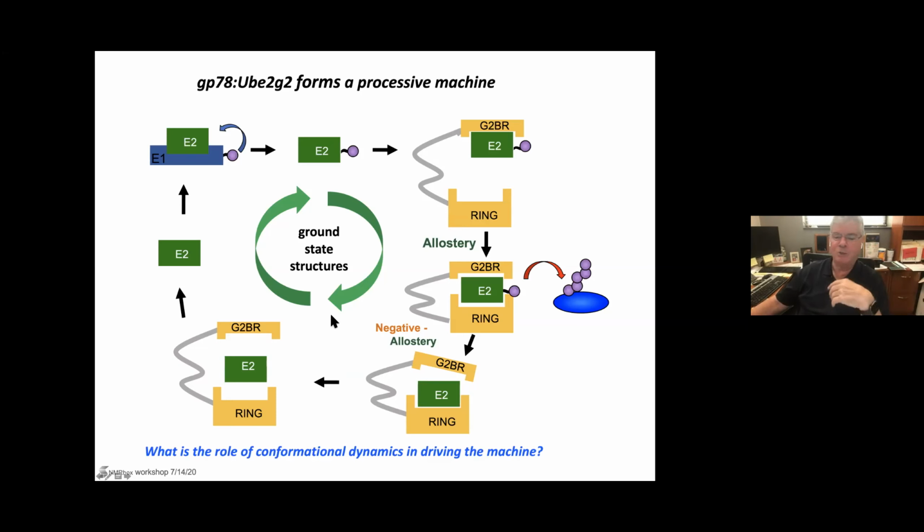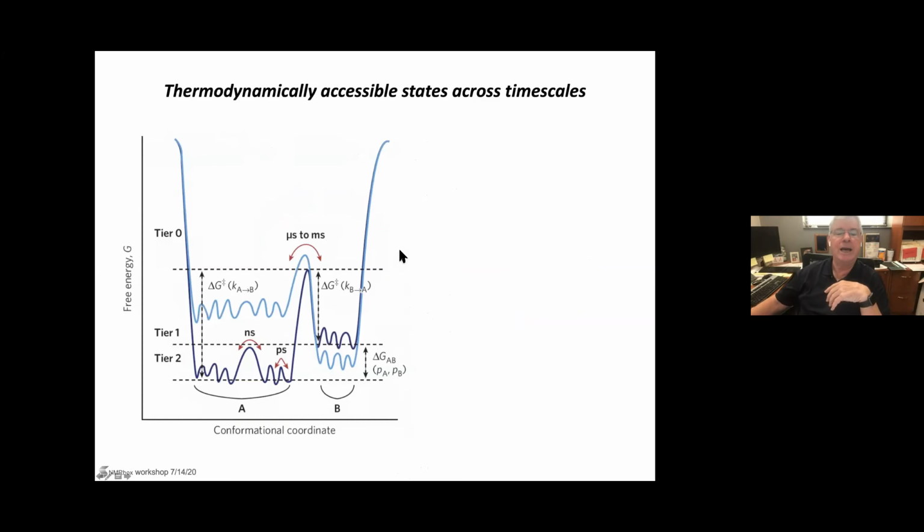And the question is, we know from other experiments along this path as we deciphered all of this, that there's a role of conformational dynamics that actually is important in driving the machine, solving this recognition problem, this affinity problem, this release, and driving this around. So what is that role and how do we understand that? And this brings us to conformational exchange and dynamics, the subject of today's discussion.